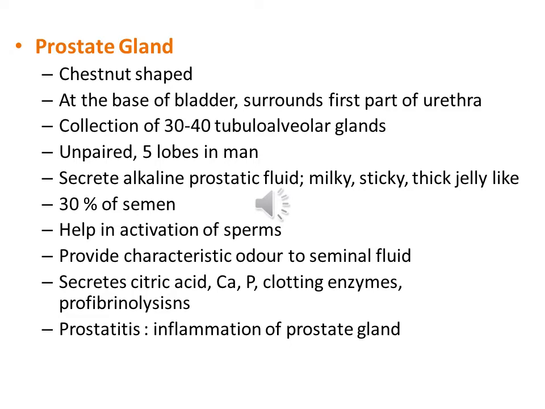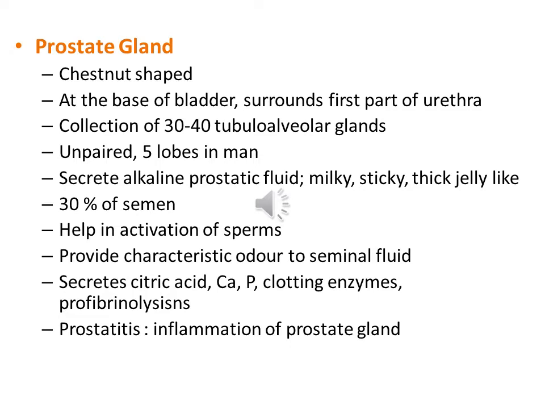Fine. I hope you understood this point. I will explain this part again. At the time of ejaculation, semen is coagulated. It is in a slightly concentrated form, so that it can be deposited in the female vaginal tract properly. For that, the secretions of seminal vesicle and prostate glands help.